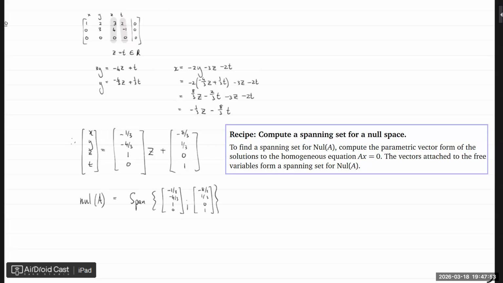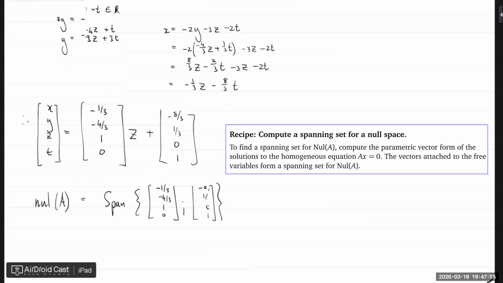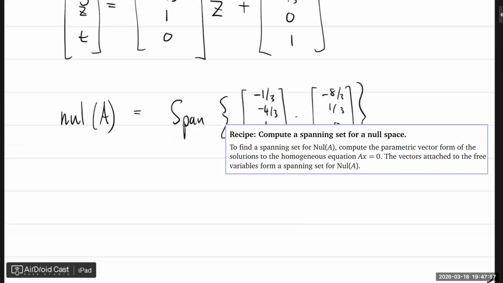But here is something that I want you to get. These are not multiples of one another. If they were, then one of them would again fall away, but it's not like that now. So what is the dimension of this null space? It's also 2, right? As you can see.